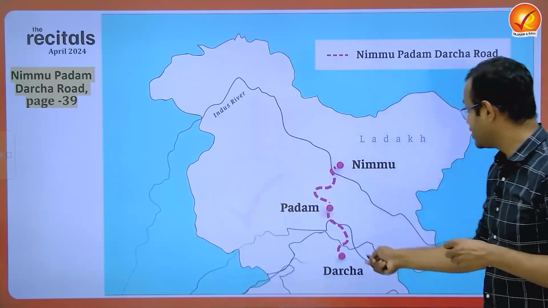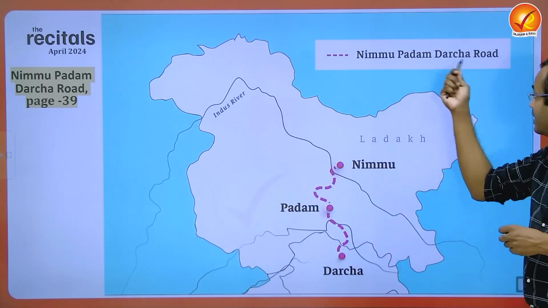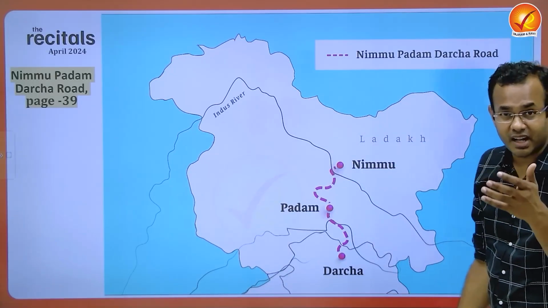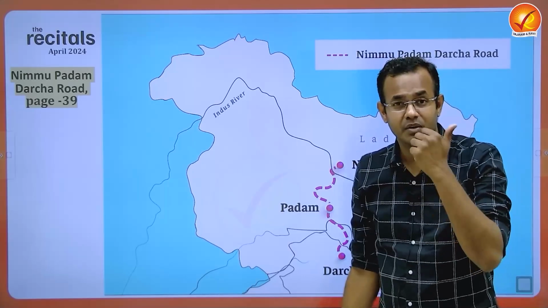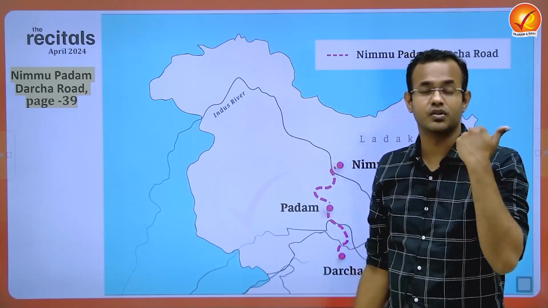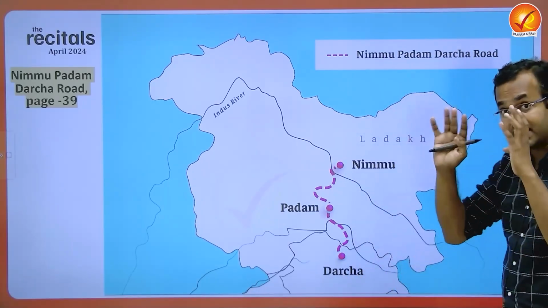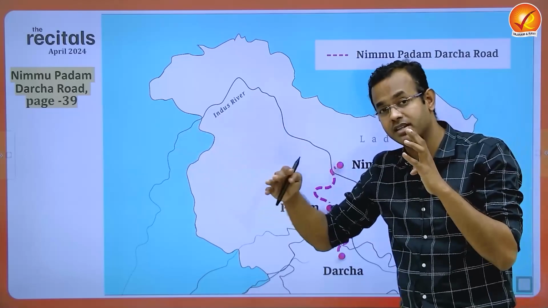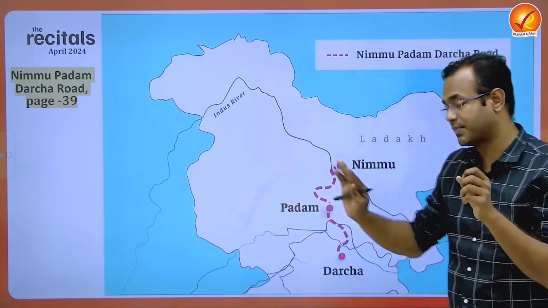So, this all-weather Nimmu-Padam-Darcha road will give you economic access, enable more development and also national security. Understand this can be used as points in 3 mains sub-theme areas.